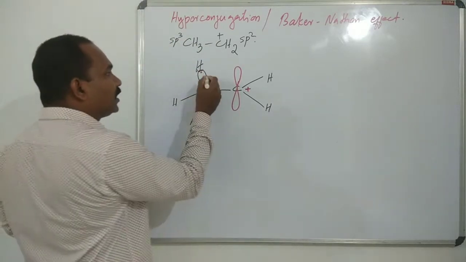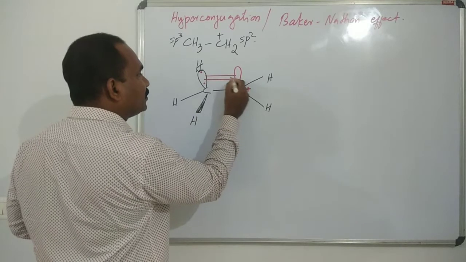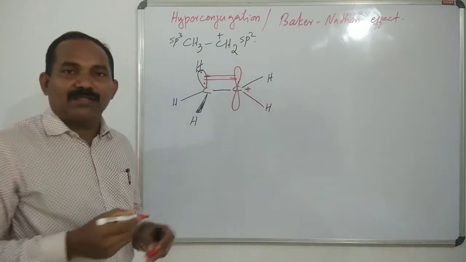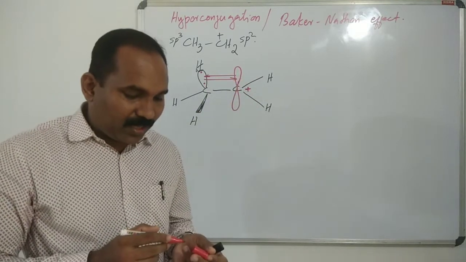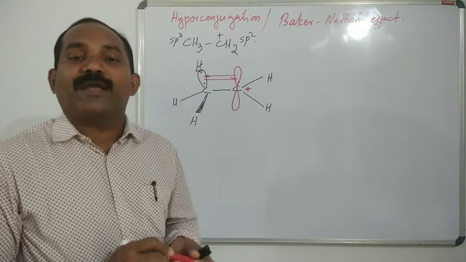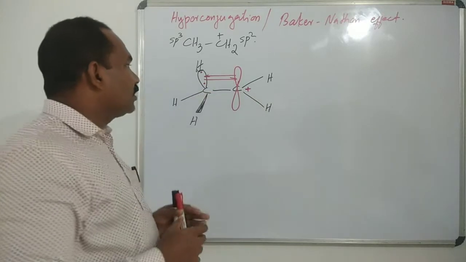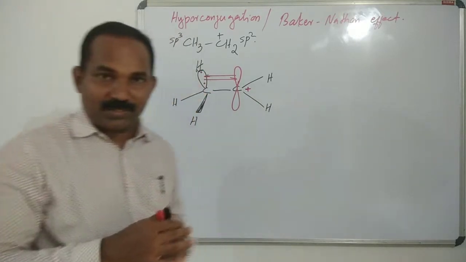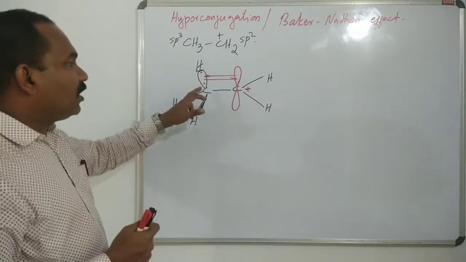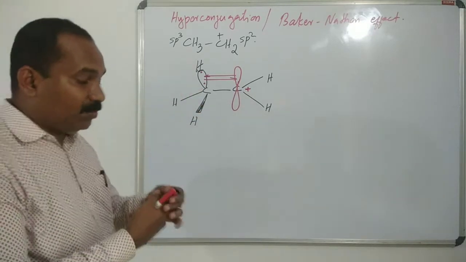So here the electron is delocalized with that p orbital. And this is called hyperconjugation. So once again, the delocalization of CH sigma electron.